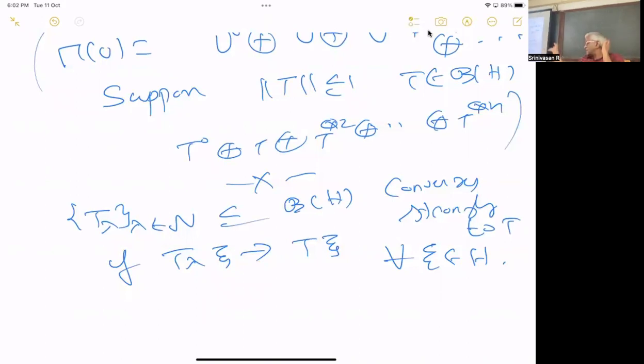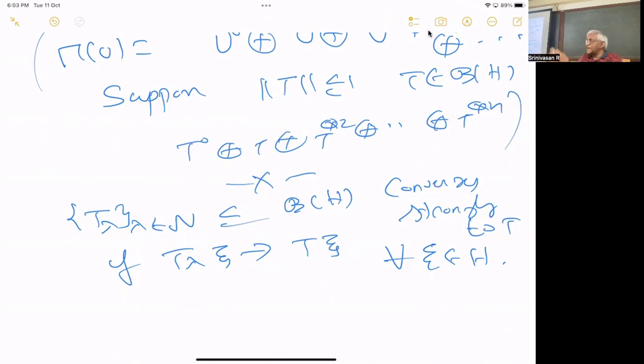But it's like saying the evaluation maps are continuous. Right? Evaluation maps are continuous on what? On B(H) itself. Like, it is not saying it is continuous for some particular T_λ. T_λ is a net.